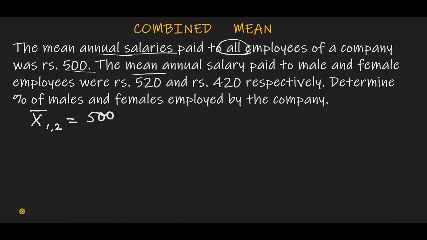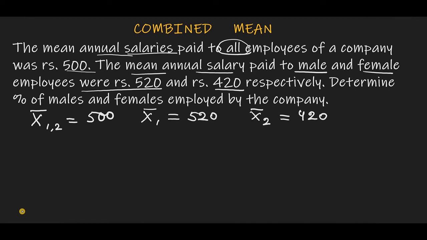And the mean annual salaries paid to male and female employees were rupees 520 and 420 respectively. So the mean salary for the males was 520, and for the females, the other mean salary, is 420.